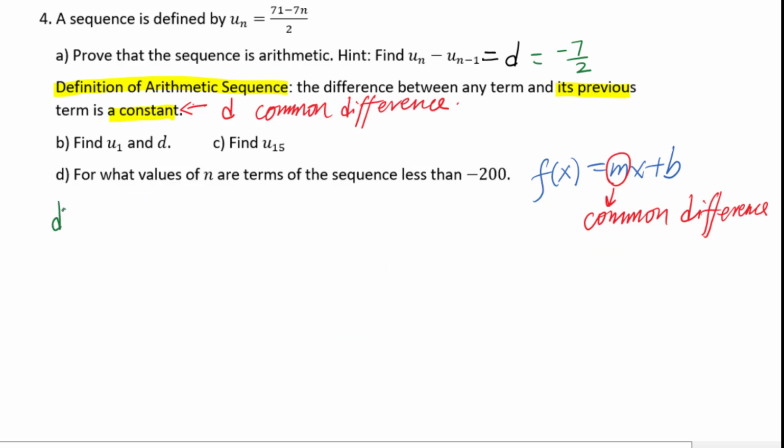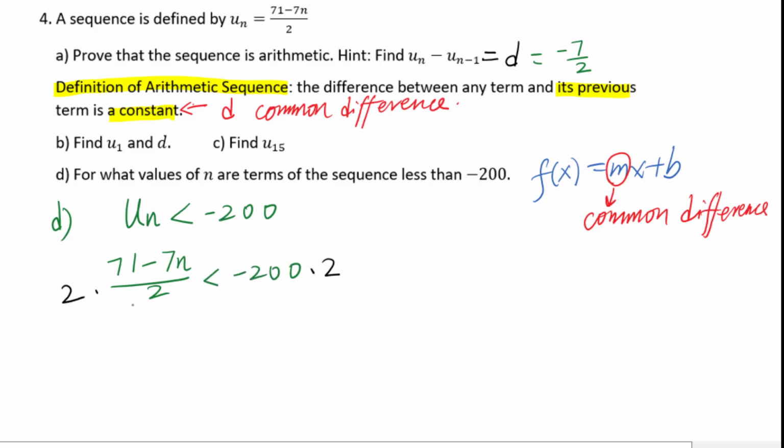Let's go to D. For what values of n are terms of the sequence less than negative 200? We will set up u sub n less than negative 200. U sub n is (71 minus 7n) over 2 less than negative 200.